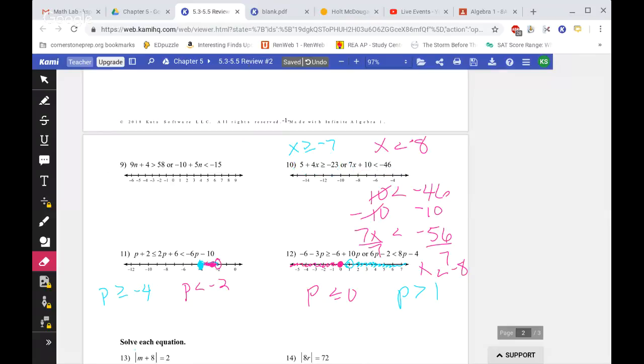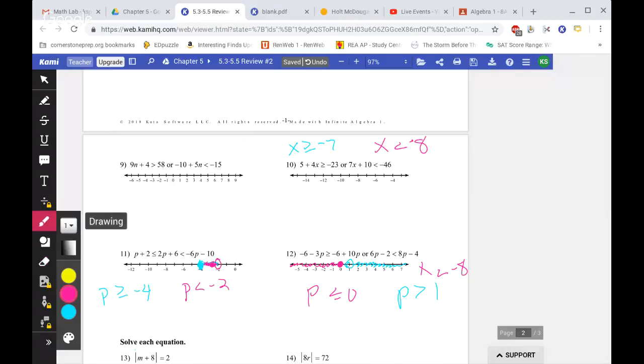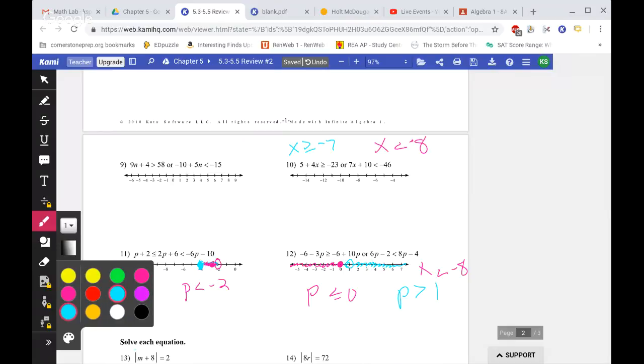So we're going to graph both of these. And because it's "or," they will probably go in different directions. So we've got x is greater than or equal to negative 7, which means it will be colored in because there's more writing.